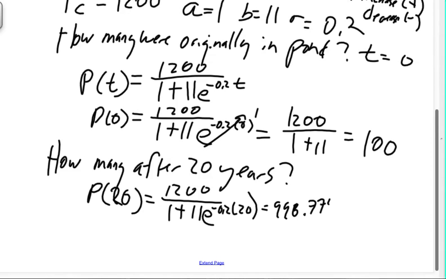And don't give me that as an answer. Don't give me part of a fish. Round it up. You're going to have 999 fish in here. Do not do parts of a fish.